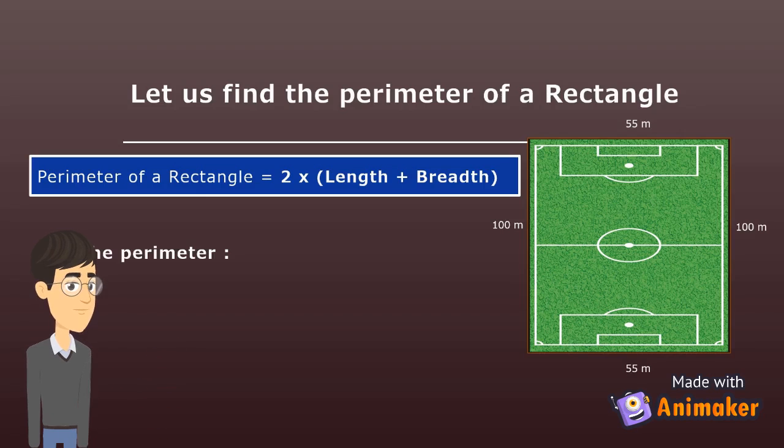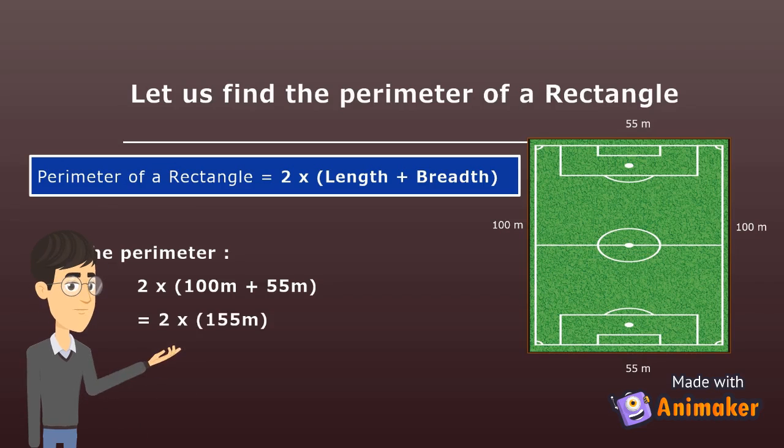Okay, so what are the sides? The sides are 100 meters and 55 meters. So we can write it like this: 2 multiplied by 100 meters plus 55 meters. So this is equal to 2 multiplied by 155 meters, or equal to 310 meters.